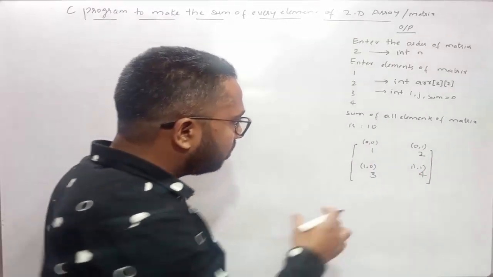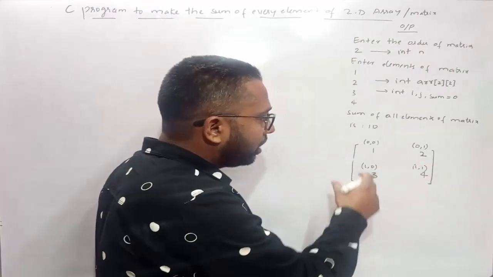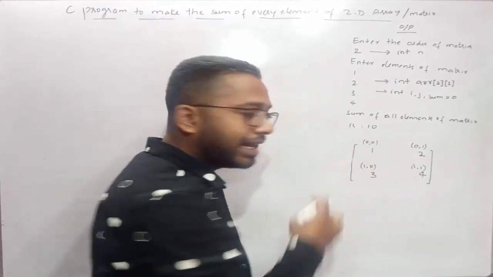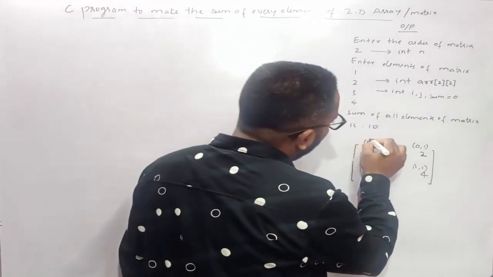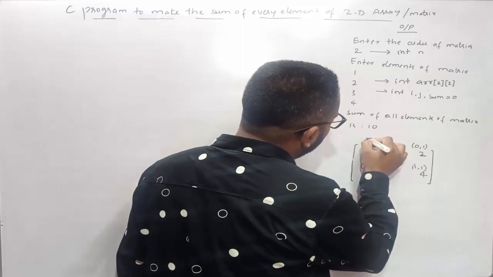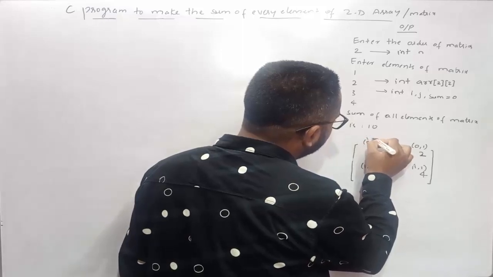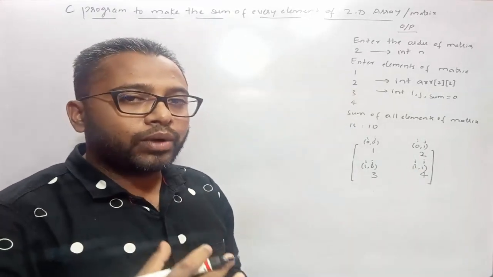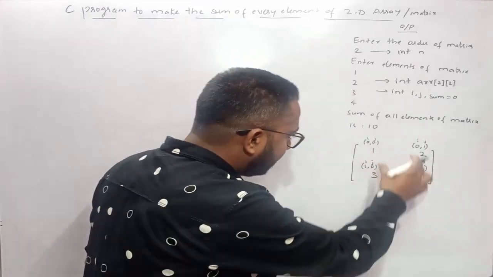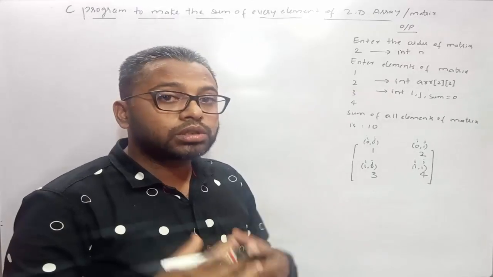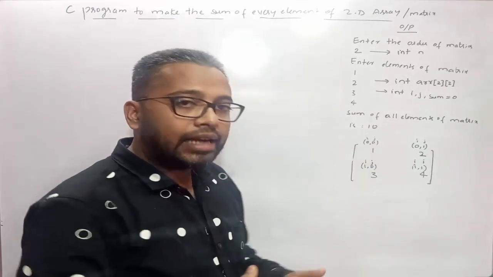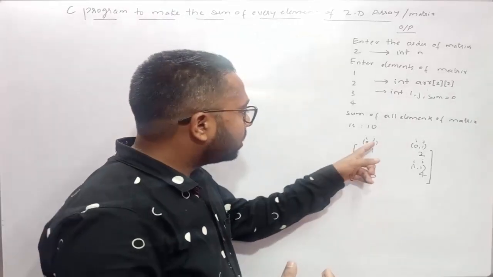So if we want to access each and every element of this matrix, we need to access it with the help of these indexes. We will mark the first 0 as i and this as j. So in our program, whenever we want to make the addition of these 4 elements, we need to use 2 for loops. The first for loop is for i and the second for loop is for j.